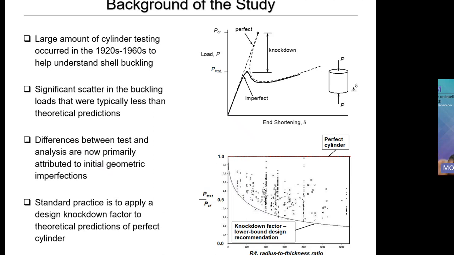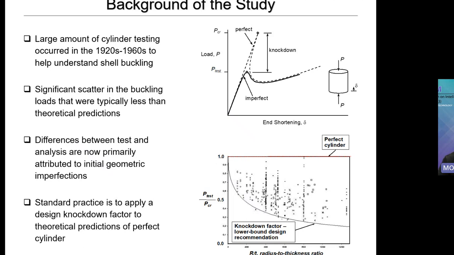But with the same shape, same geometry and same dimension, when we run it experimentally, you're going to get a drastically lower load than the perfect load. And this is the common, or classic, issue for this kind of structure.